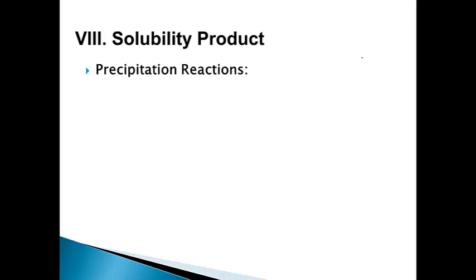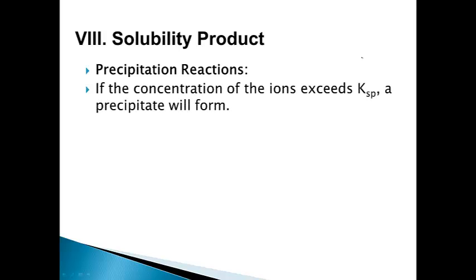Okay, now precipitation reactions. It's possible that you can put 2 ions together and not get a precipitate. You get a precipitate if the concentration of the ions involved in the reaction exceeds the Ksp. Okay, then a precipitate will form. Now Q is something known as the ion product.